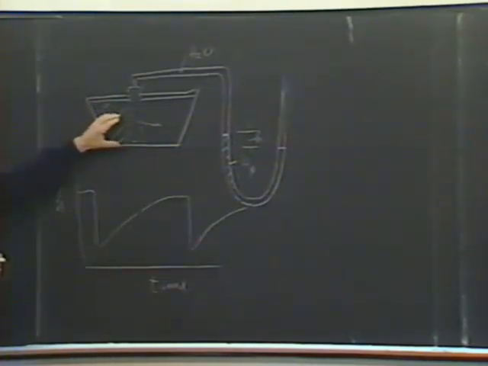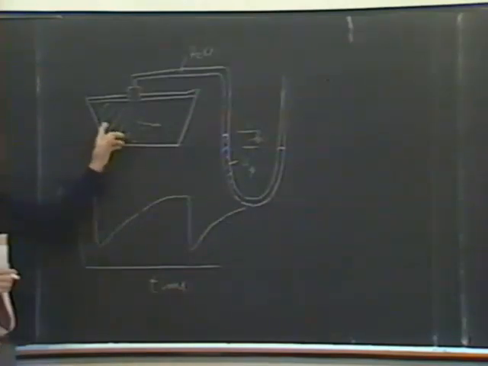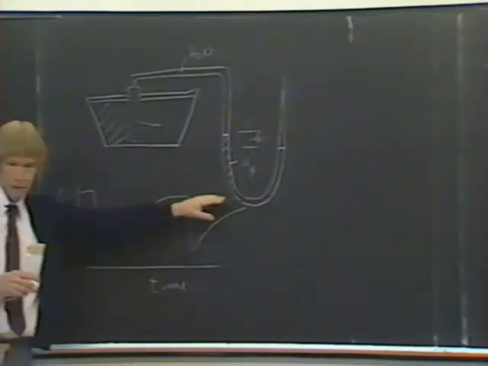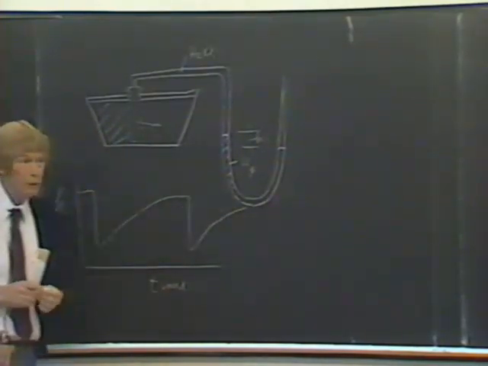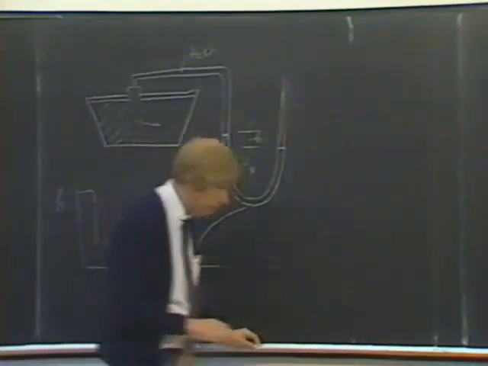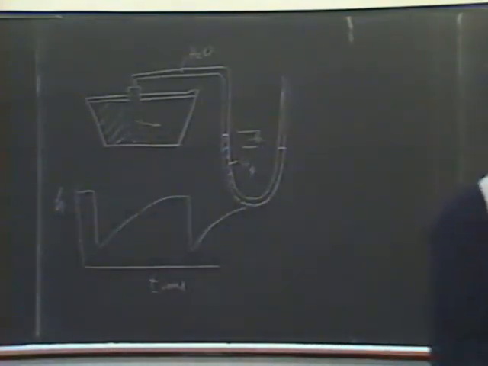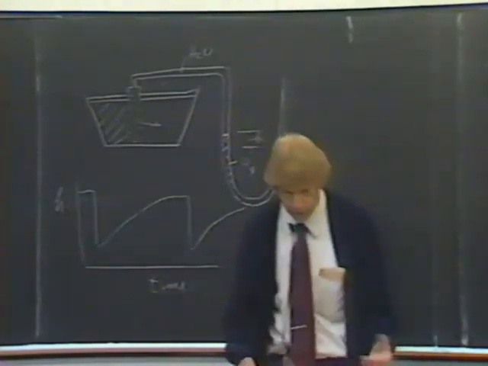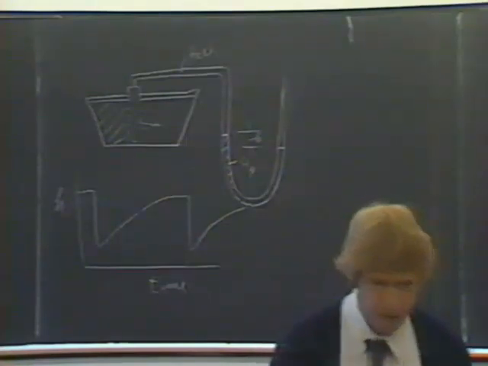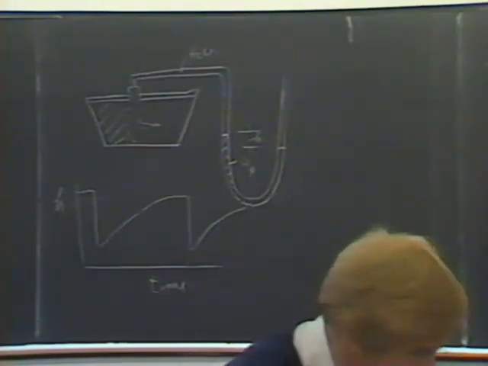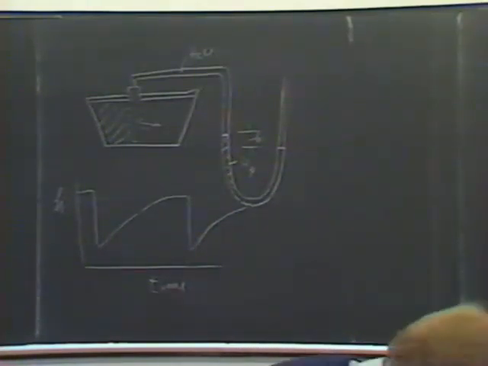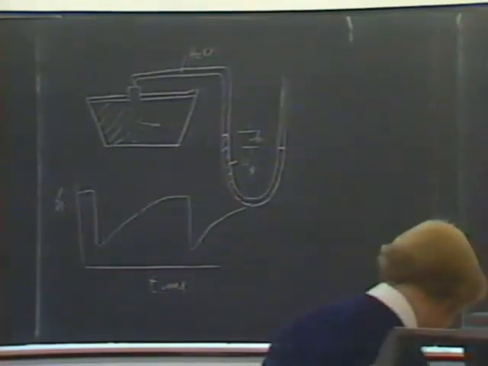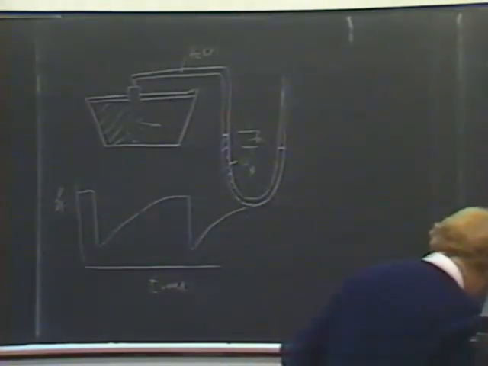We did another experiment, and I'll show you some slides. Most of this is in your handout, but I think I can explain it better with some slides. We took some glass cylinders.